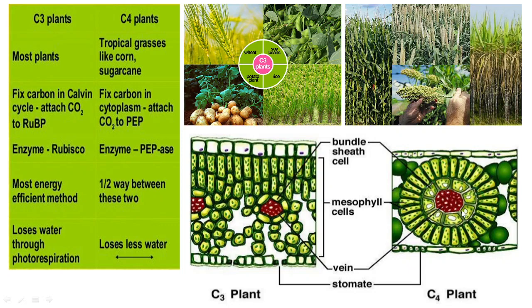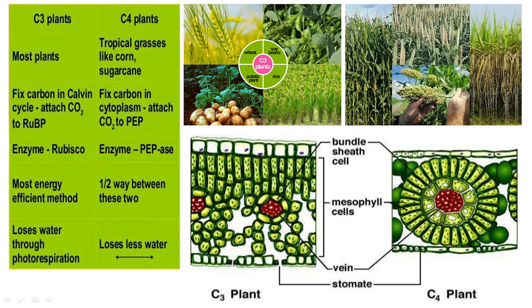These are the bundle sheath cells that are arranged around the vascular tissues. And hence this type of arrangement is also known as Kranz anatomy. This is also called Kranz anatomy.